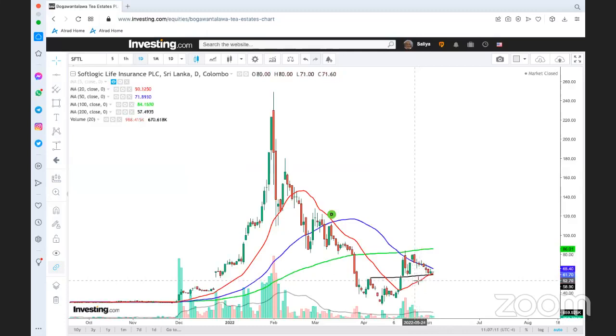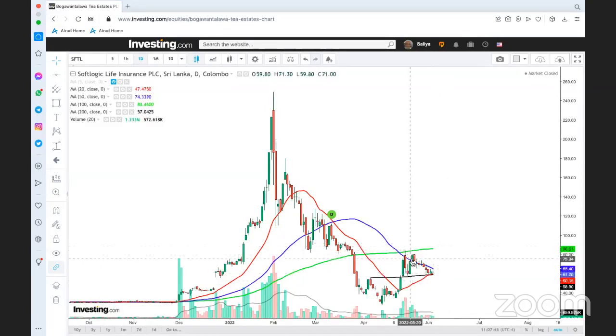And also the 20-day moving average has crossed above the 200-day moving average. 50 days resisting, and major resistance is here, where after this major rally, the prices have gone and tested the 100-day moving average, but then failed, and are taking support primarily between the 100-day moving average and the 200-day moving average at this moment of time.